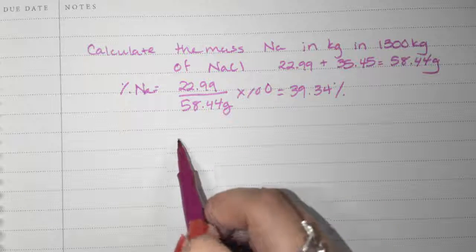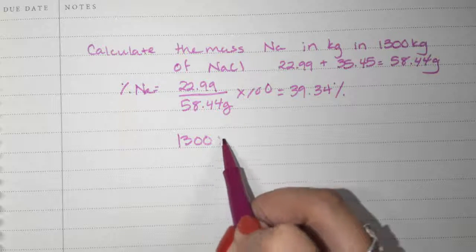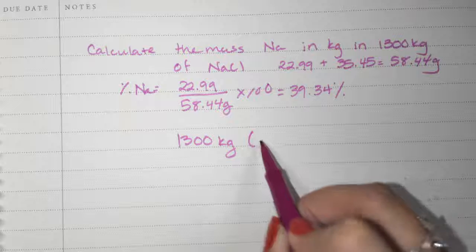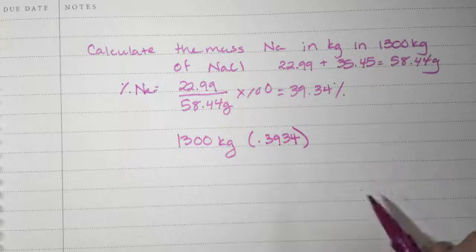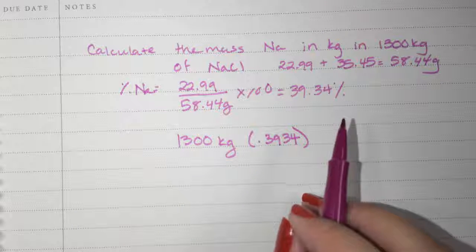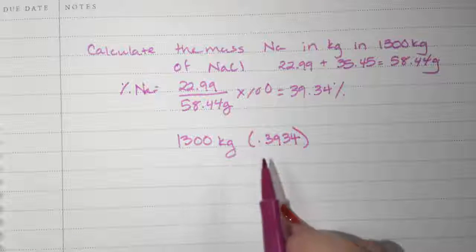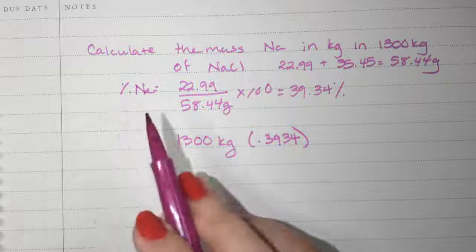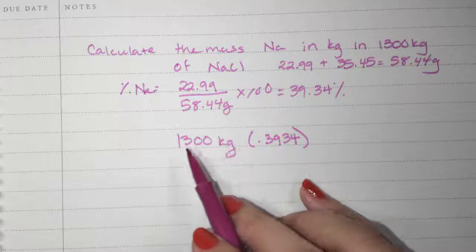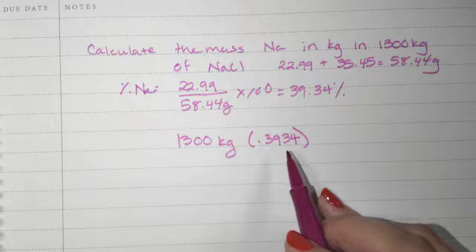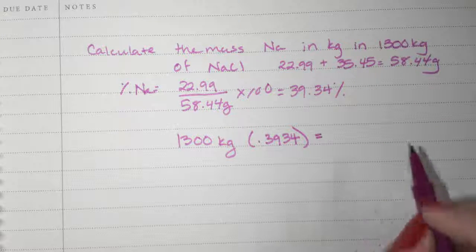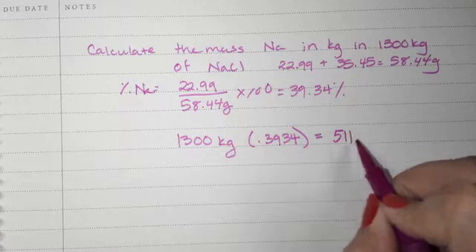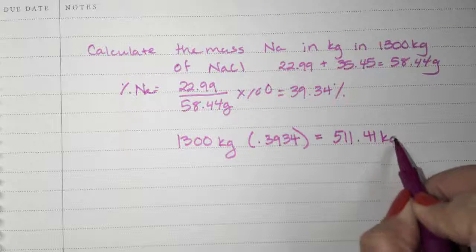So I take the sample amount that they give me, and I multiply it by the decimal form of my percentage, because I know I only want 39.34% to represent my sodium. So 1,300 times 0.3934, and when you plug this into your calculator, you should get 511.41 kilograms of sodium.